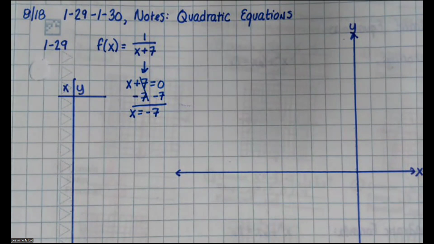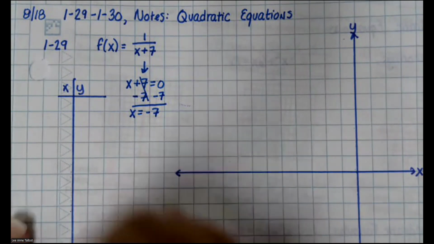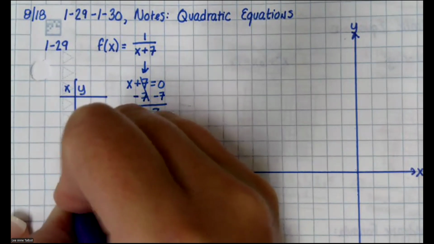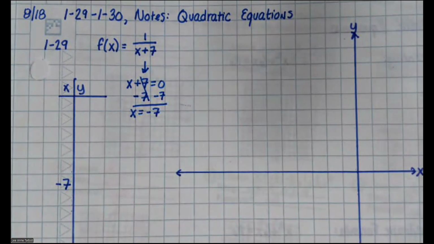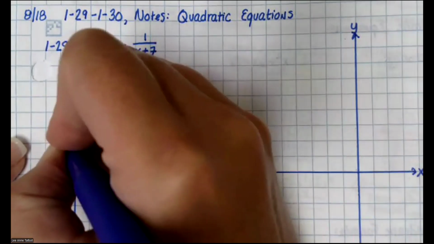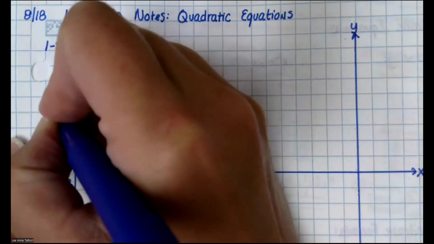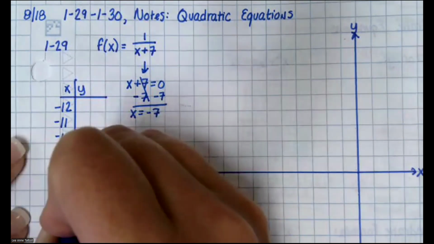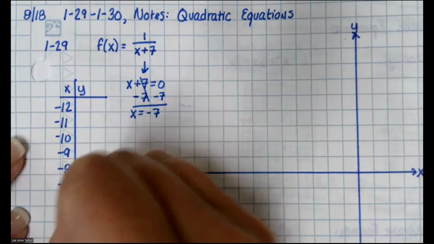Okay, so I got x equals -7. Okay, what I want you to do is put -7 right in the middle of your table. I don't want you to start your table at -7 with these. I want you to put it in the middle. And then -8, -9, -10, -11, -12.